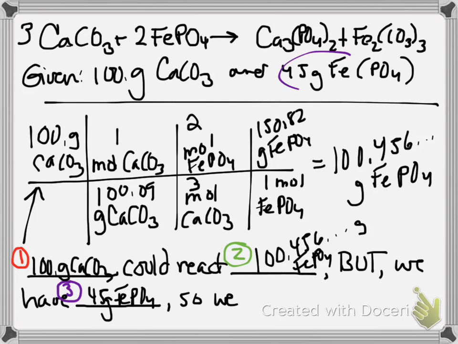So, do we run out or do we have leftover? What we could use is greater than what we have. I need 6 eggs, but I only have 3. We're going to run out.